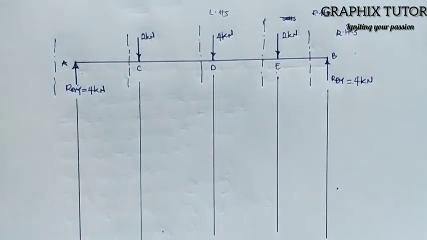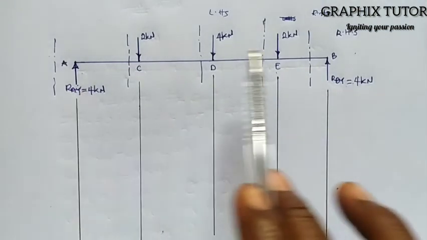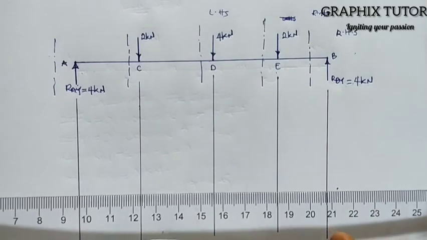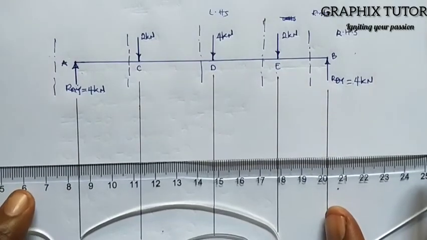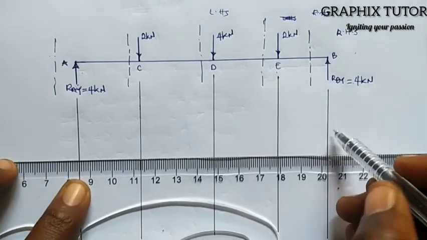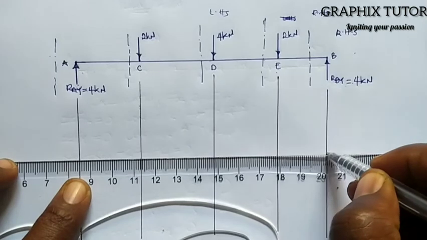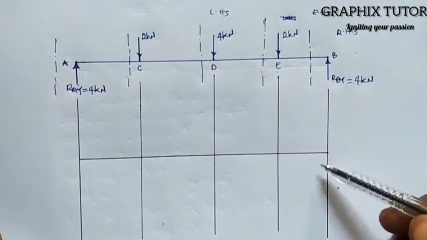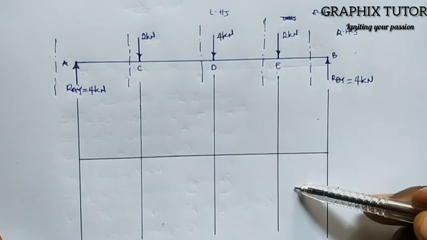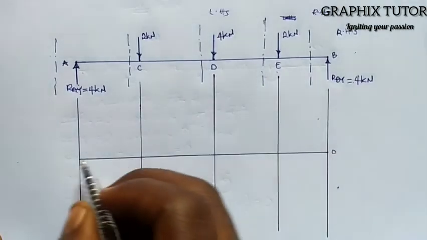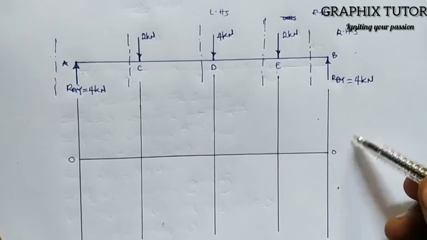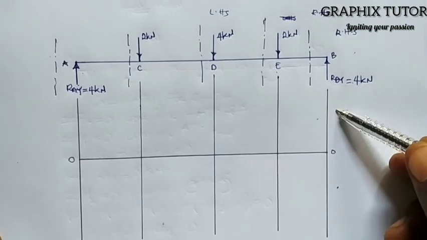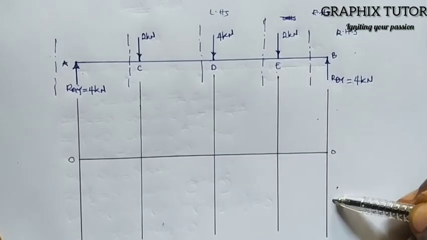The span is the distance between two consecutive supports. So the distance between these consecutive supports is called the span. So I'm going to draw a straight line this way from here to this point. The top is positive. This is my 0. So above 0 is positive, below 0 is negative.